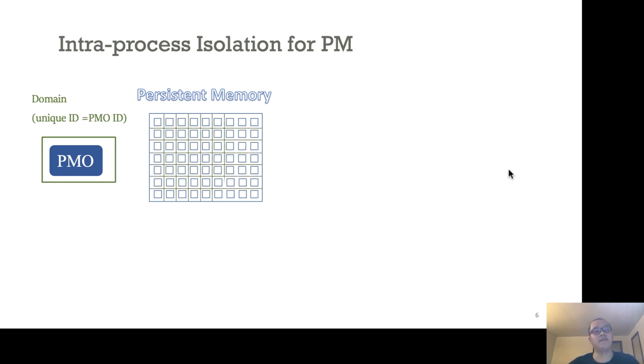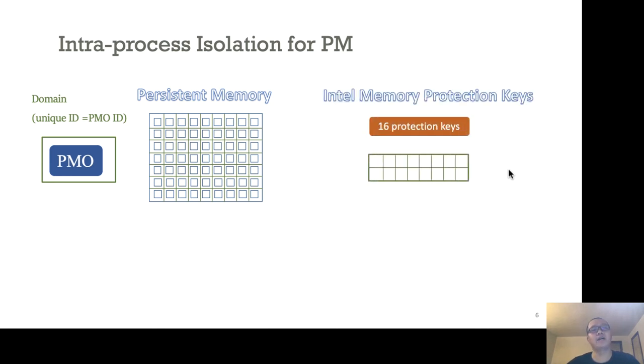An efficient design to support intra-process isolation from Intel is the memory protection key, and it can provide 16 protection keys. At runtime, it will map the domains to those protection keys.